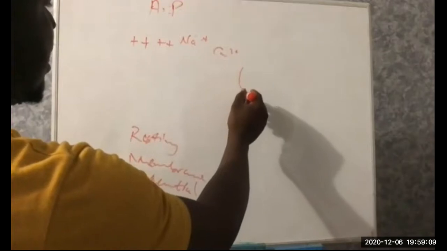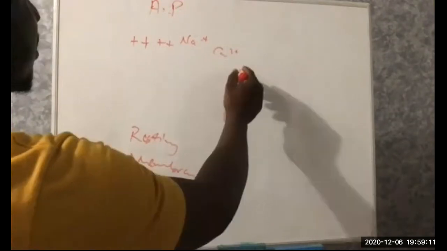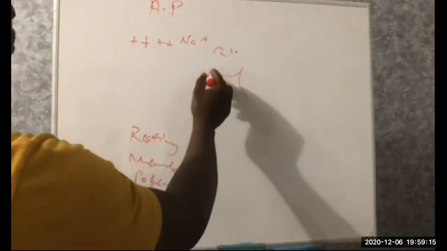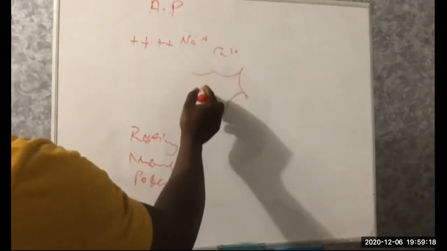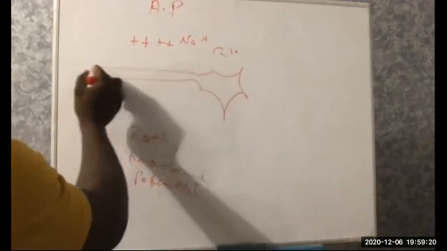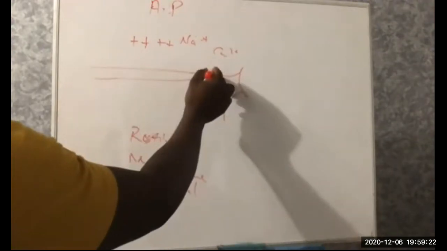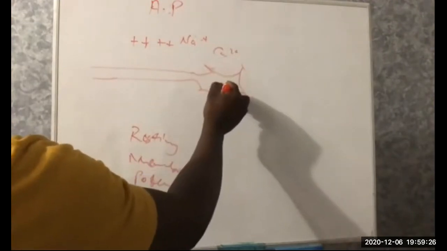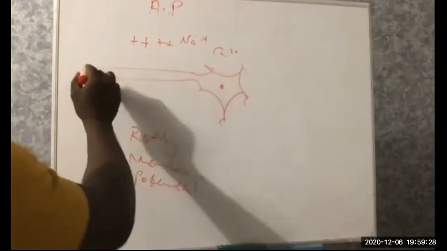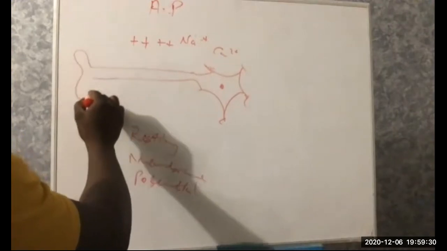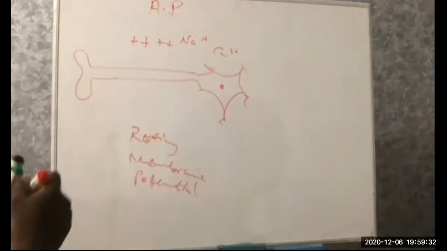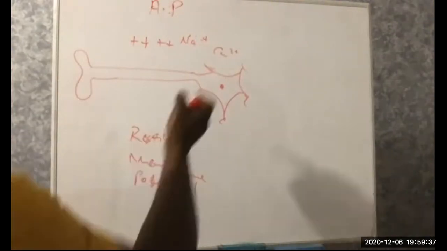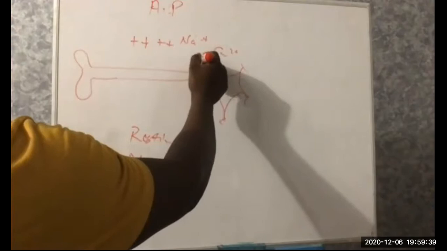Neural cells have dendrites, they have the cell body like that, and they have the axon lobe, where sometimes neurotransmitters are released. Let's say the inside is more negative and the outside is more positive.